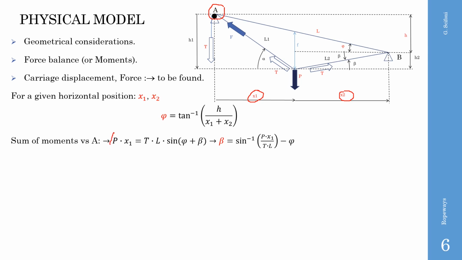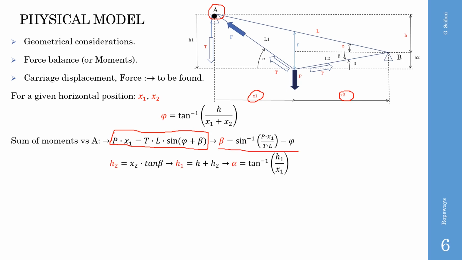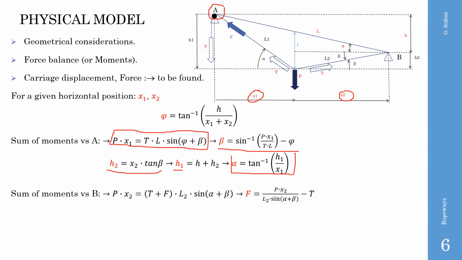Capital P times x1 equals capital T times capital L times sine of phi plus beta. And from this equation we get beta as displayed. From beta we can find the coordinate h2, and from h2 we find h1 and eventually the angle alpha. Now we write the sum of the moments with respect to the point B.